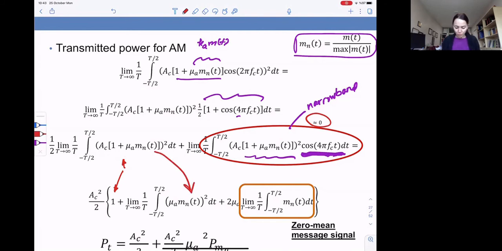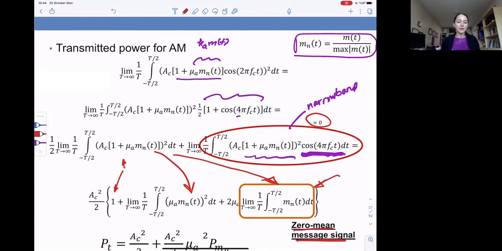And there's a cross term, of course. So this is the cross term. Now the cross term, we will argue, also gives us 0 if the message signal has 0 mean.